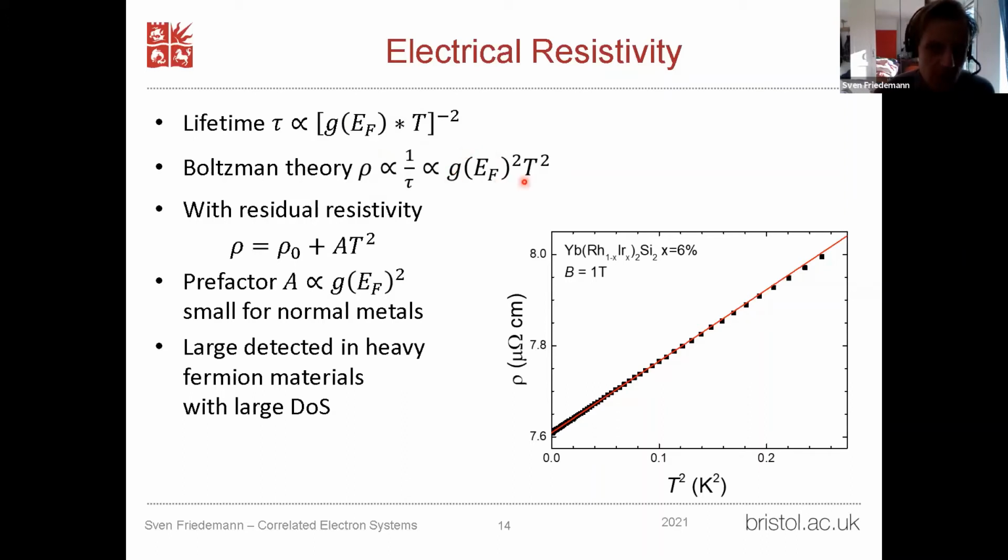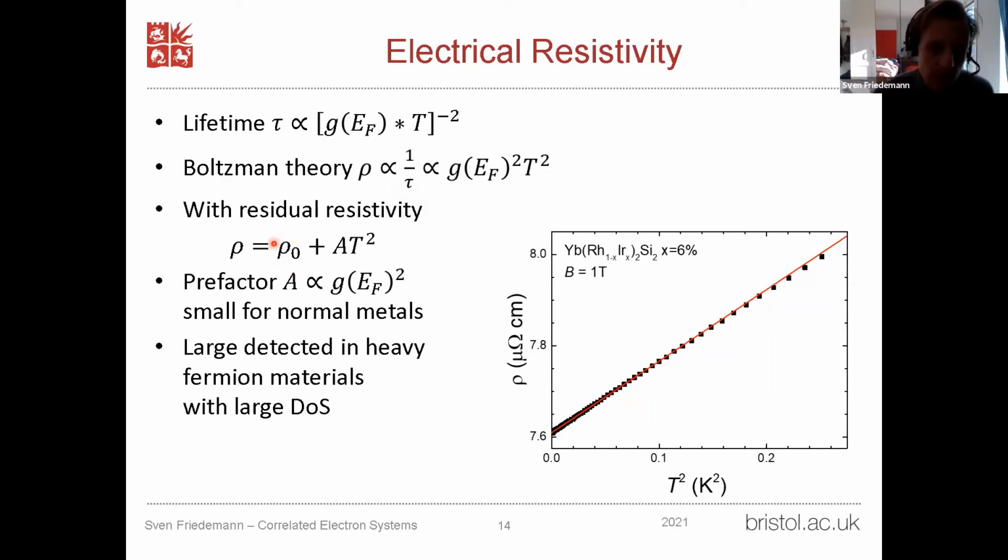Now, the one thing that we should add before comparing with experiment is that this is, of course, only electron-electron scattering. We also will have electron-impurity scattering, which will give us an additional contribution to the scattering rate, and hence another contribution to the resistivity.